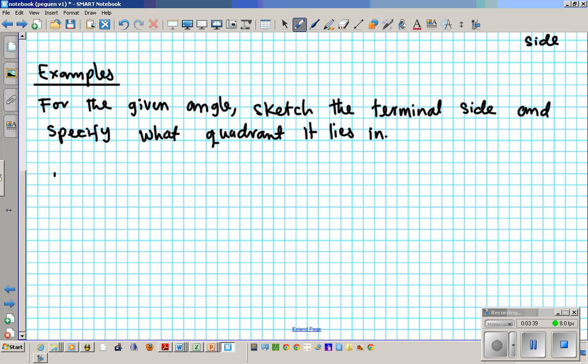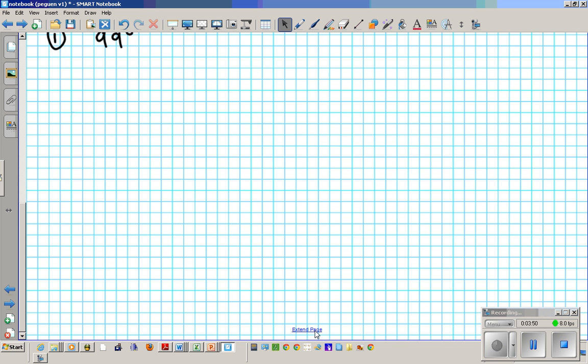Okay, number one, let's try 99 degrees. Alright, so let's go ahead and graph this, sketch it, and then see what quadrant it falls in.